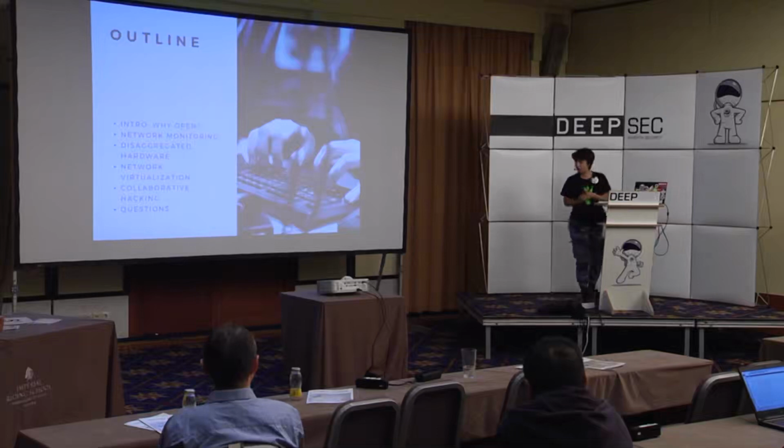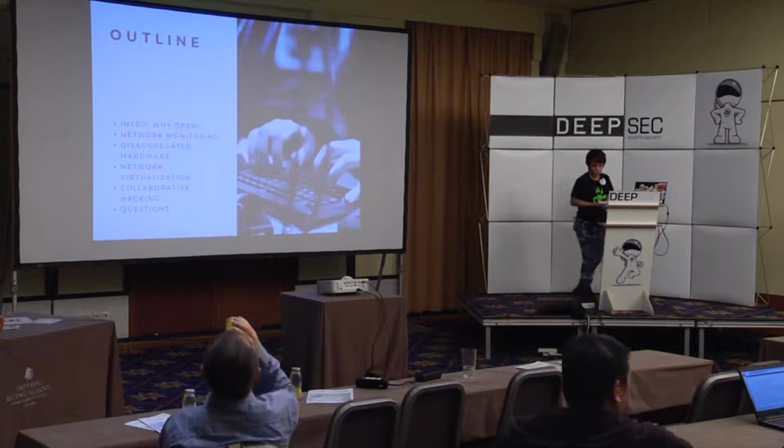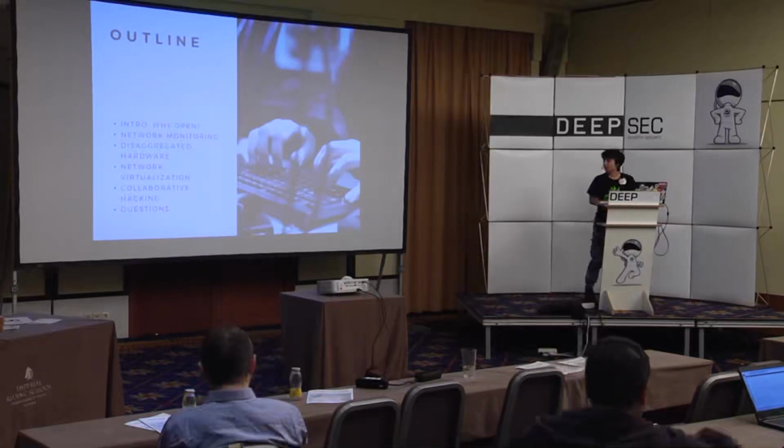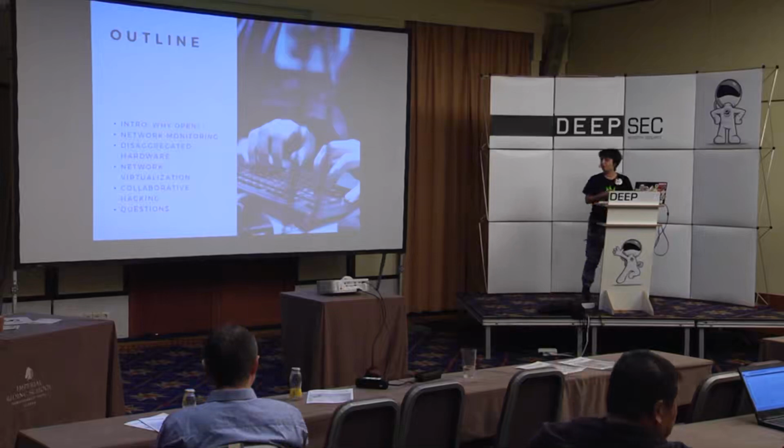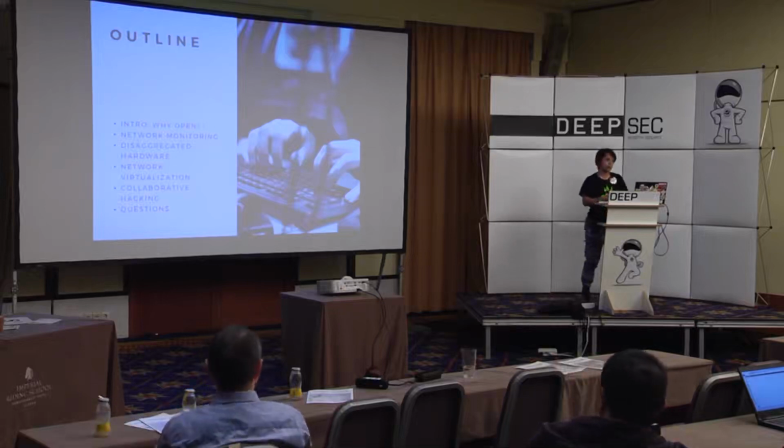I'm going to explain a little bit about network virtualization, both with virtual machines and containers using Docker. And finally, I'm going to end explaining about collaborative hacking and why it is important to keep community in the hacking culture.